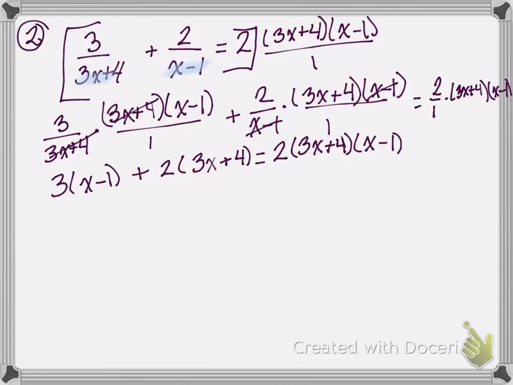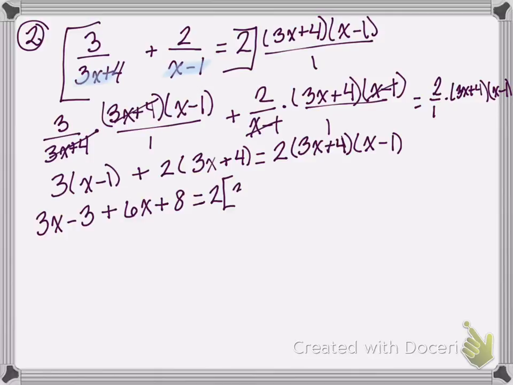So let's start again. So we have 3x minus 3 plus 6x plus 8. And I've just distributed there. And here I'm going to keep that 2 on the outside, and I am going to FOIL 3x plus 4 and x minus 1.